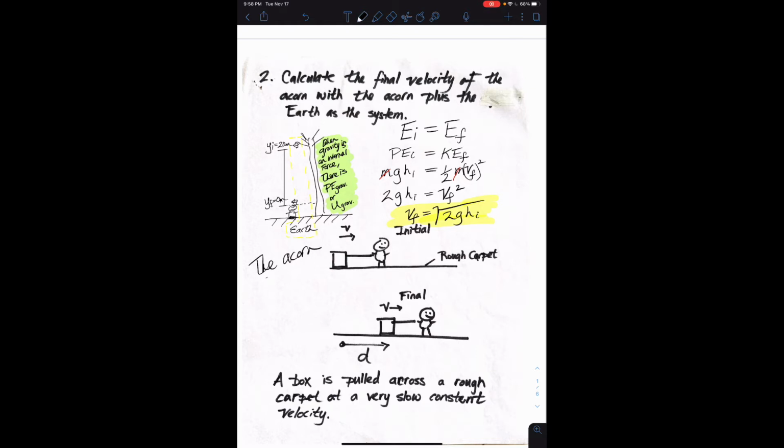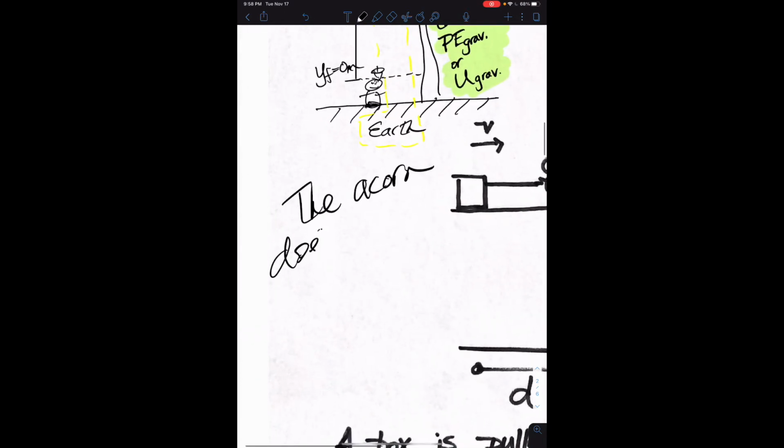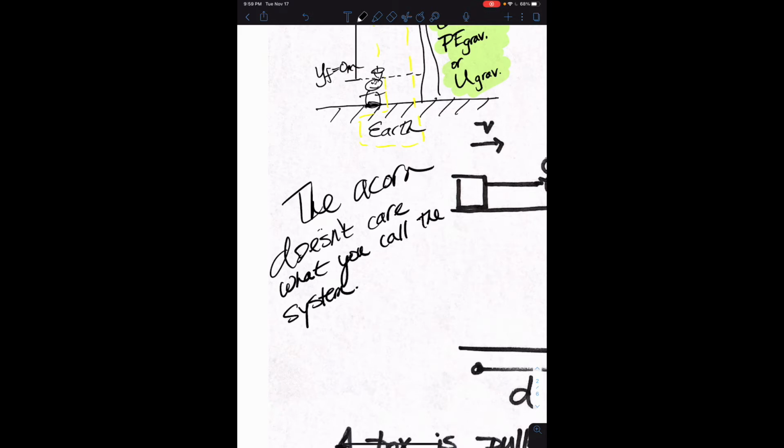The acorn doesn't care what you call the system. So the system is a mental construct.